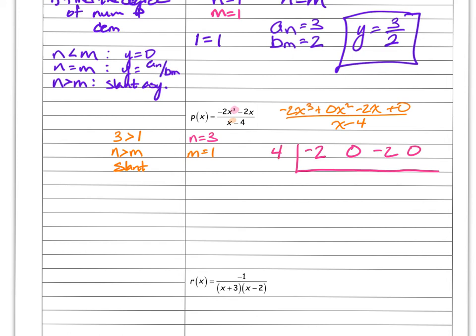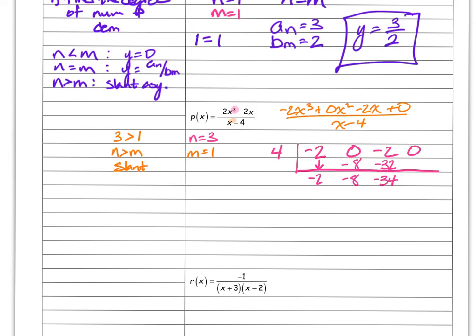And I'm dividing by positive 4. Remember, I don't want x minus 4, I want to know what x equals, so that would be 4. I bring down my negative 2 and multiply, and I get negative 8. Add it together, and I get negative 8. Multiply 4 times negative 8 is negative 32, and that gives me negative 34.